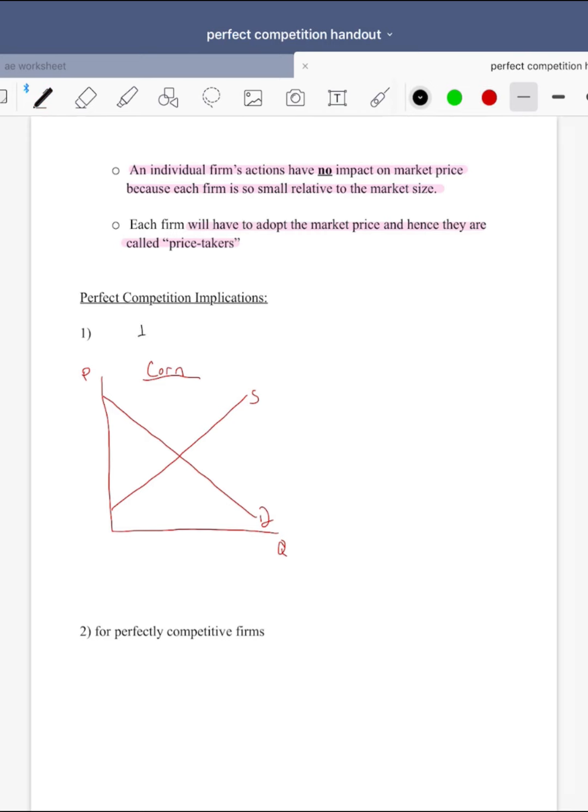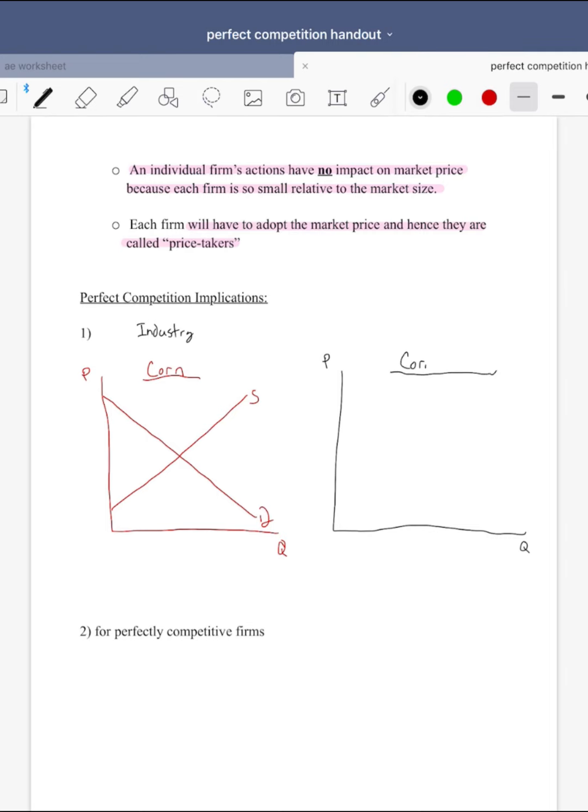All right. So when we look at perfect competition, let me show you how the market price that each firm charges is set. So let's say that we're in the market for corn. We know that price is on the vertical axis, quantity is on the horizontal axis.